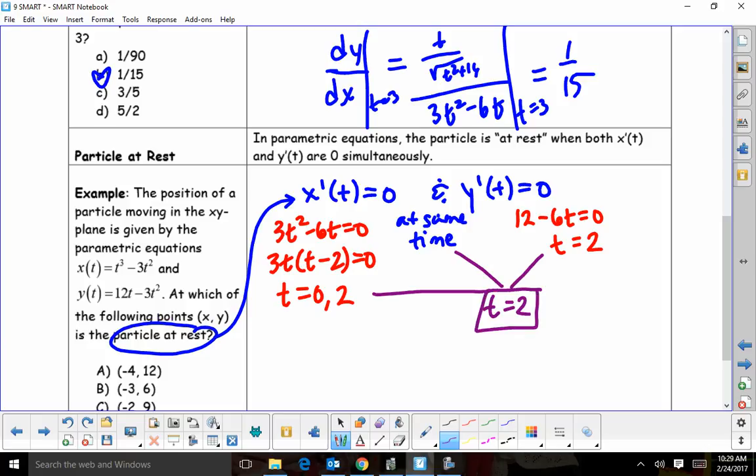This occurs when t equals 2. So the particle is at rest at time 2, because it's the only place where both of these are 0. But this didn't ask me the time. It says what's the point? So what do I do with the time now to find the point? Plug it back into the derivatives? No, into the original. Okay, go do that now.